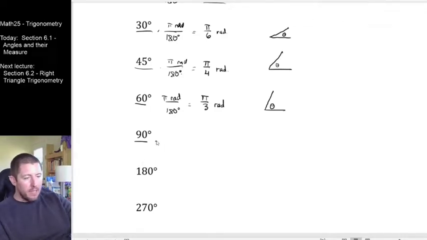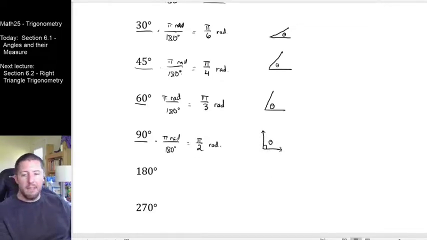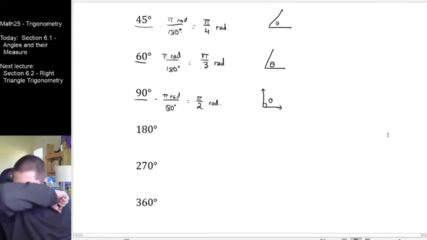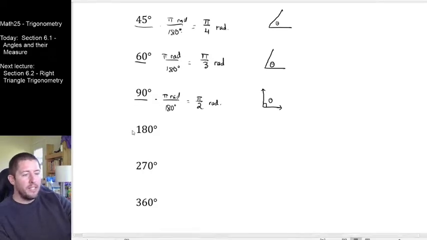So I'm expecting to see, when I do my multiplication with my conversion factor, that 90 over 180 is certainly 1/2. So I'm going to get pi halves radians. So when we have an angle that is opening as a 90-degree angle, that is pi halves radians. Our last common ones, 180 degrees.